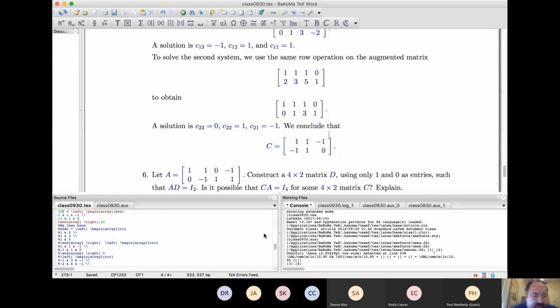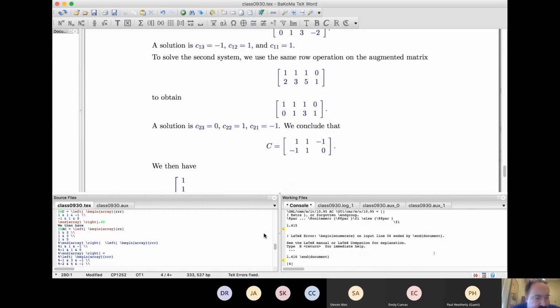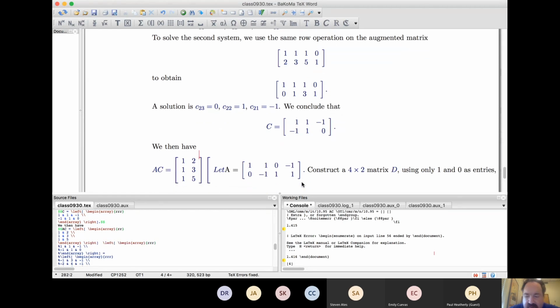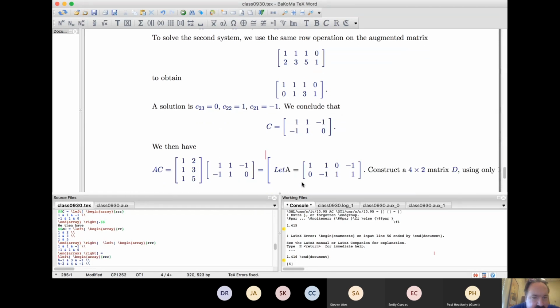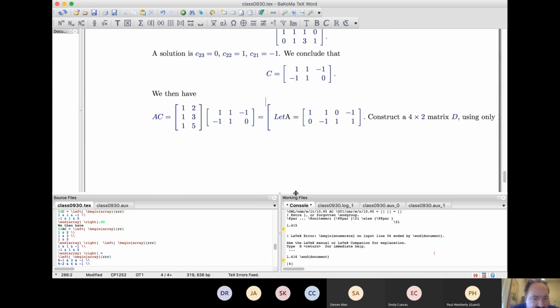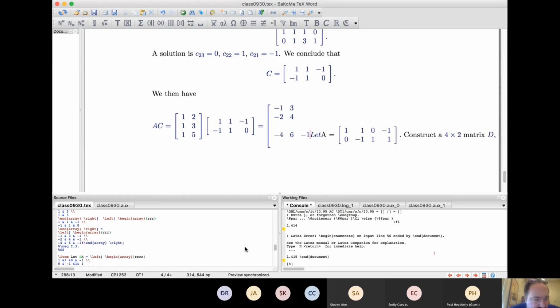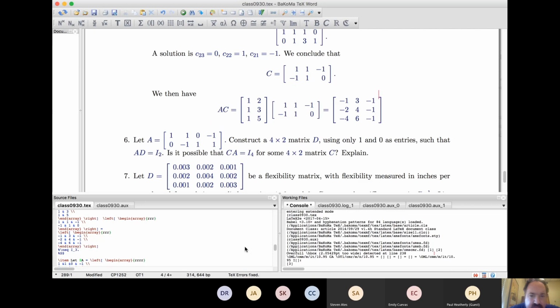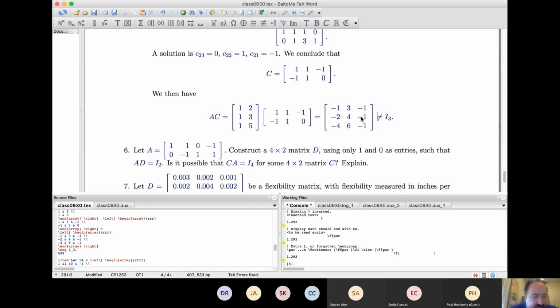The last thing the problem asks for is, what if I multiply on the right? I can do that. A has 2 columns, and C has 2 rows, so A times C is a well-defined product. What I get is this, and so it's not even close.